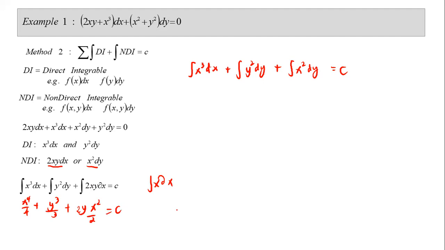So you shall have 1/4 x to the 4 plus 1/3 y cubed.